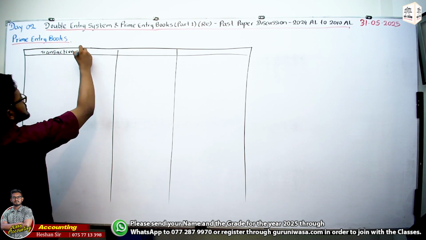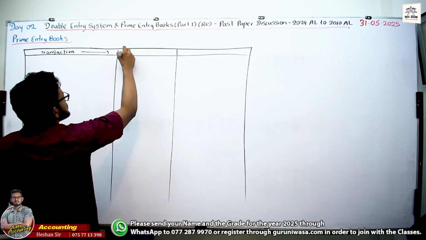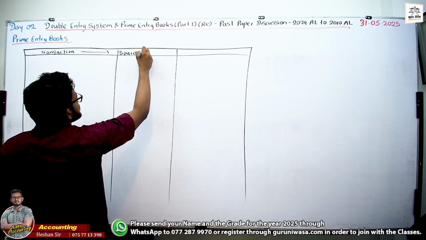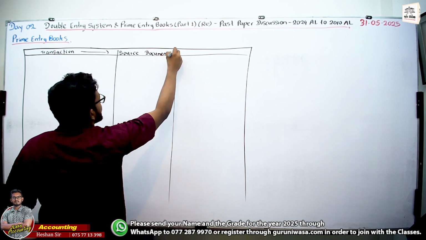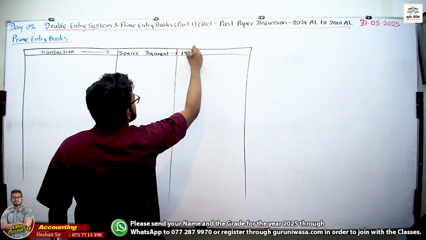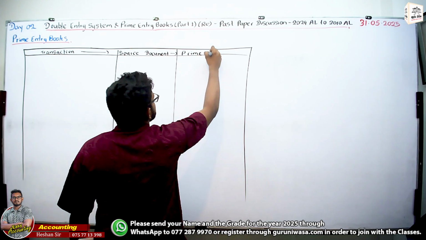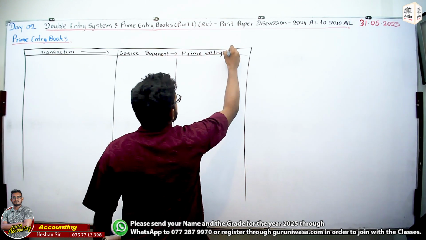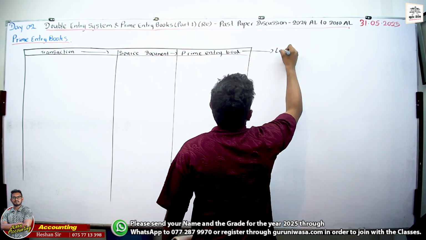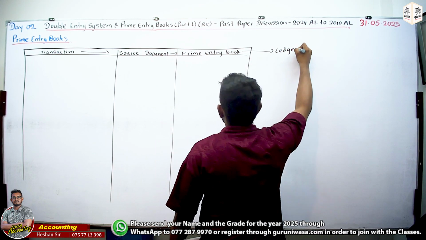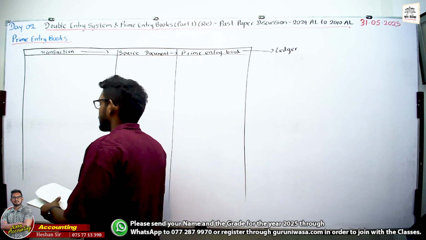Then after that, source document. After that, primary entry book. After that, we record in the ledger. Look here, I'll give you enough time, right? First look, then I'll give you enough time.